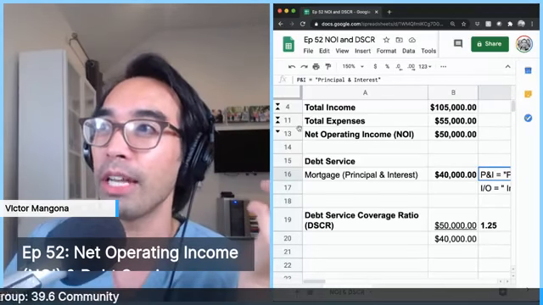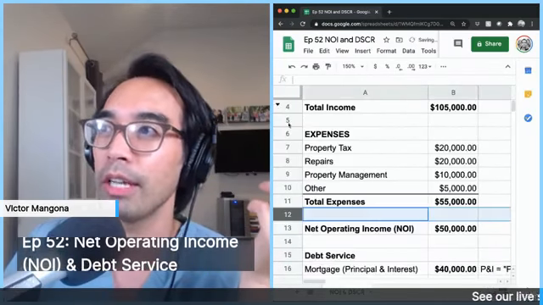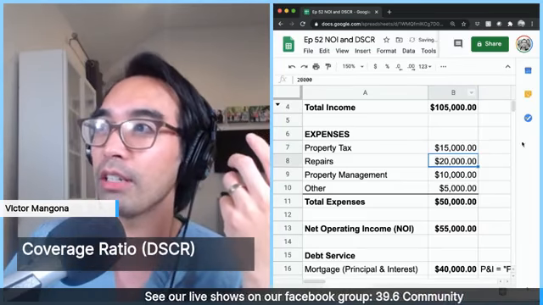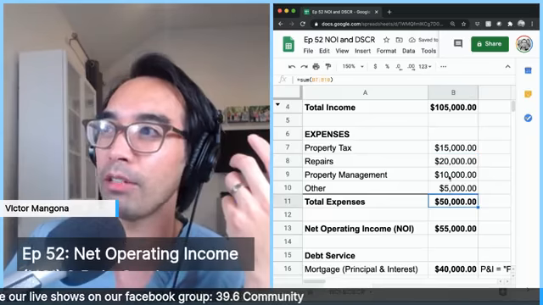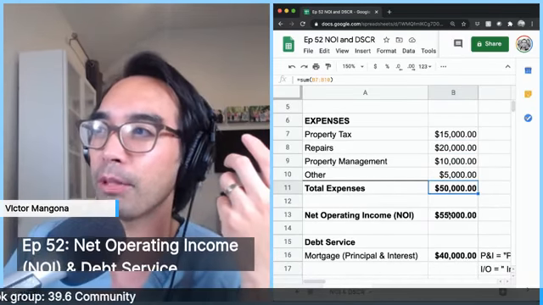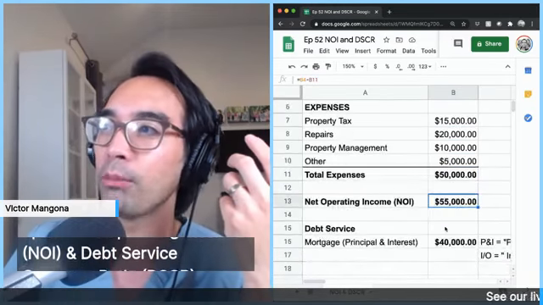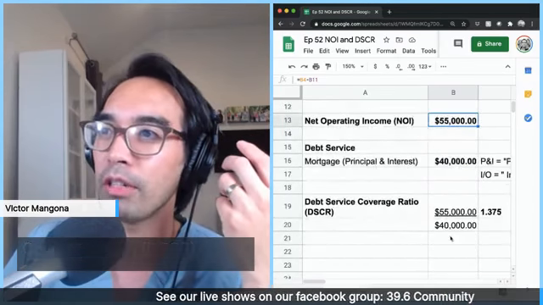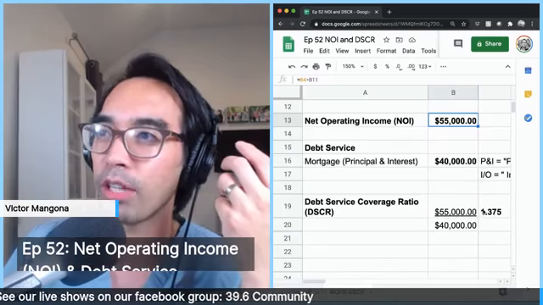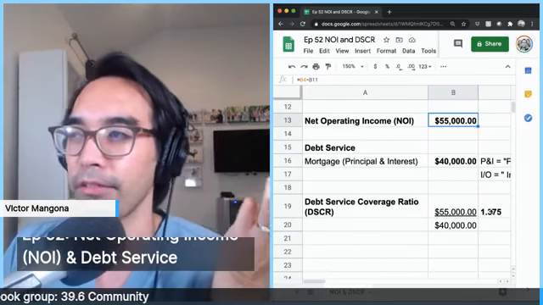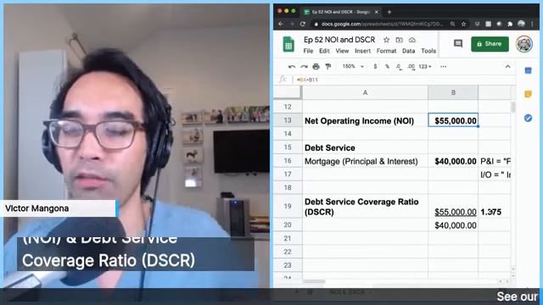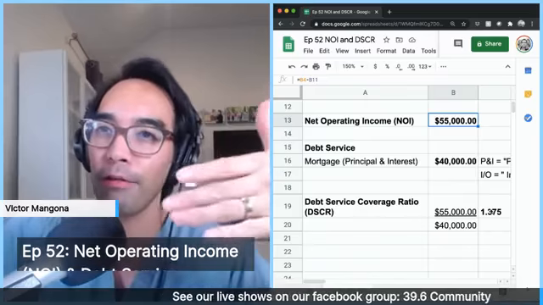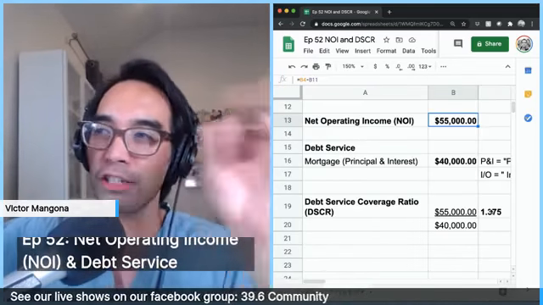So if the expenses were lower, and let's say the property tax here was $15,000 instead of $20,000, now your total expenses go down to $50,000, and your net operating income goes up to $55,000. Your mortgage stays the same, but now that debt service coverage ratio, 55,000 divided by 40,000, is higher. It's 1.375. So that's how cash flow positive you are. You have 37.5% basically above the mortgage of extra money.